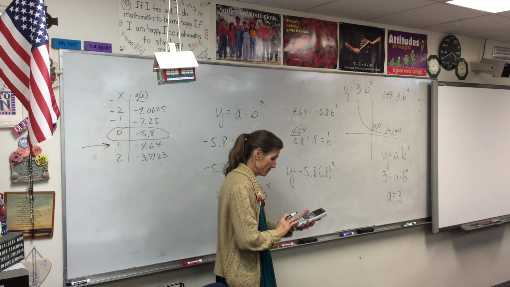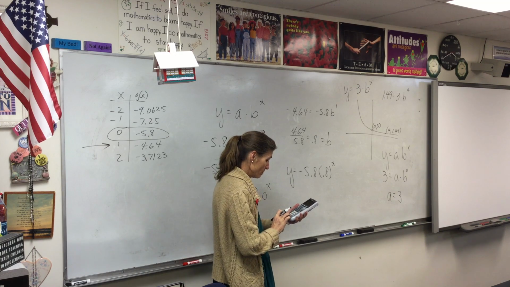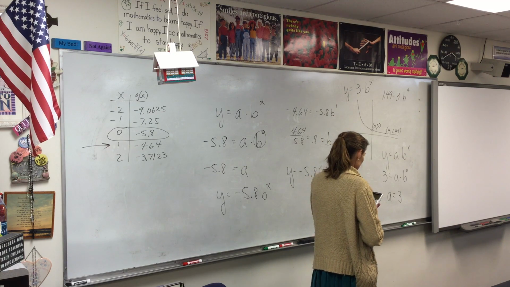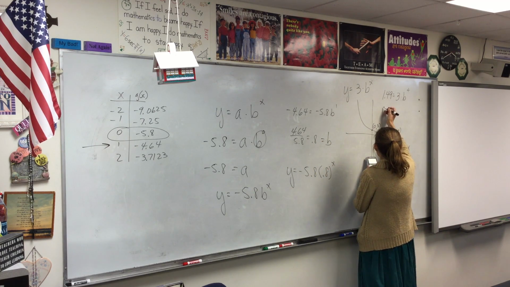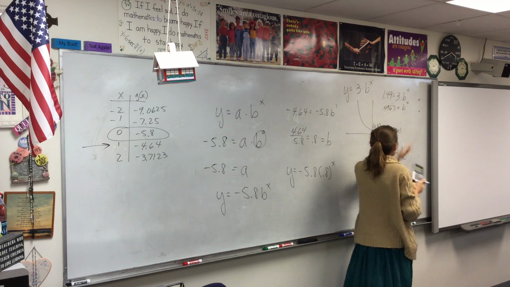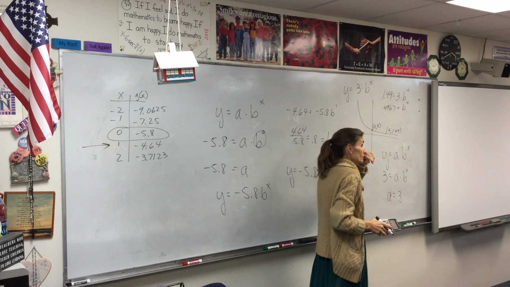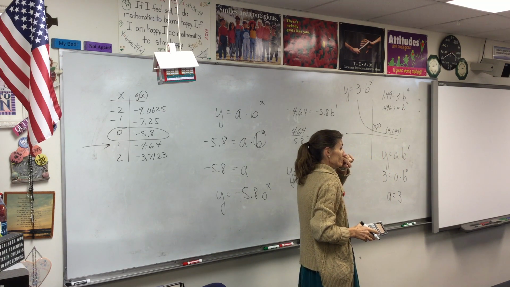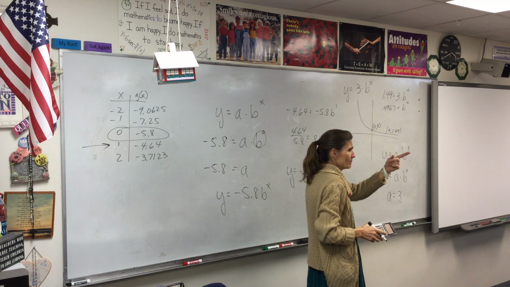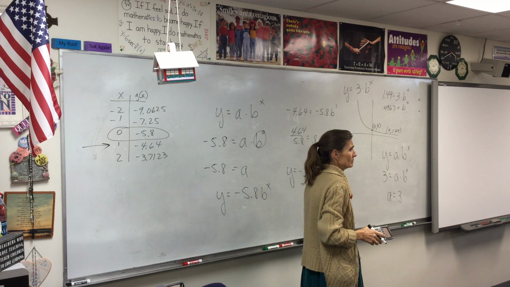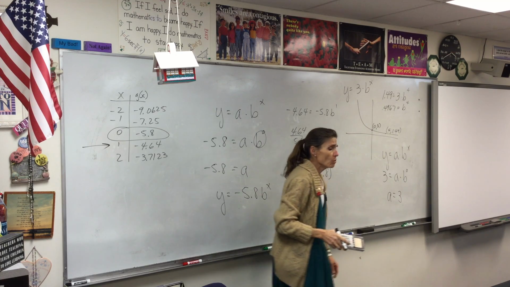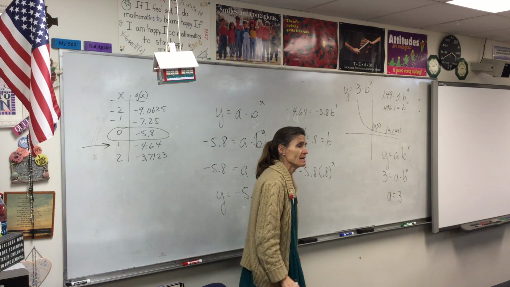How do I start? 1.49 divided by 3 is 0.4967. How in the world do I solve this?